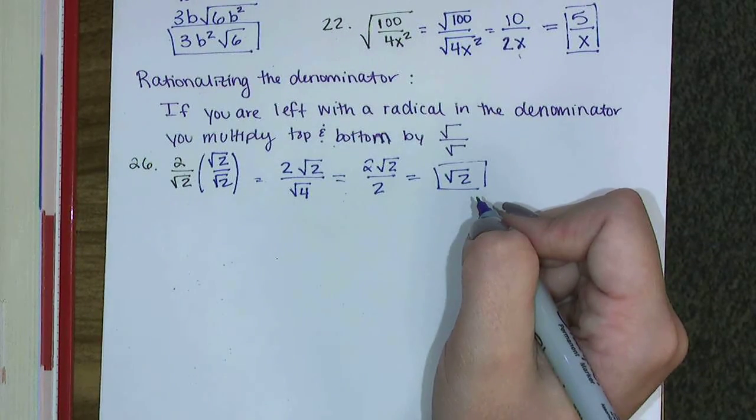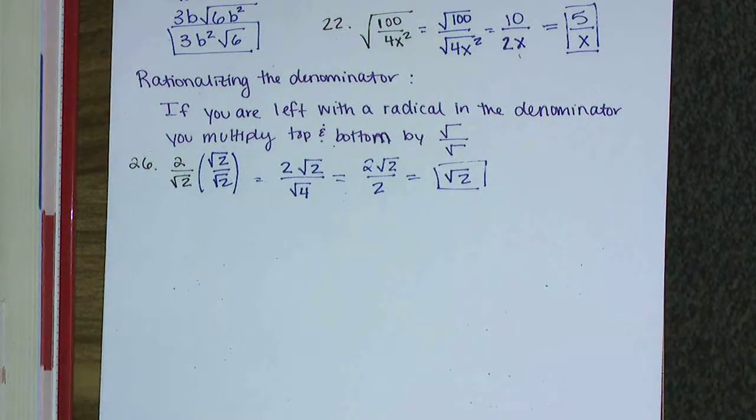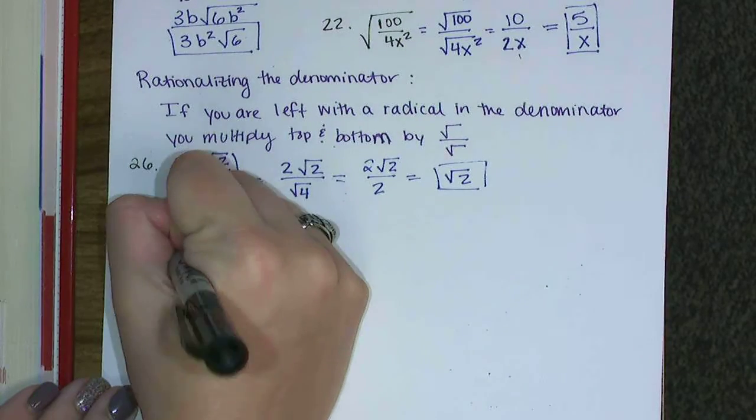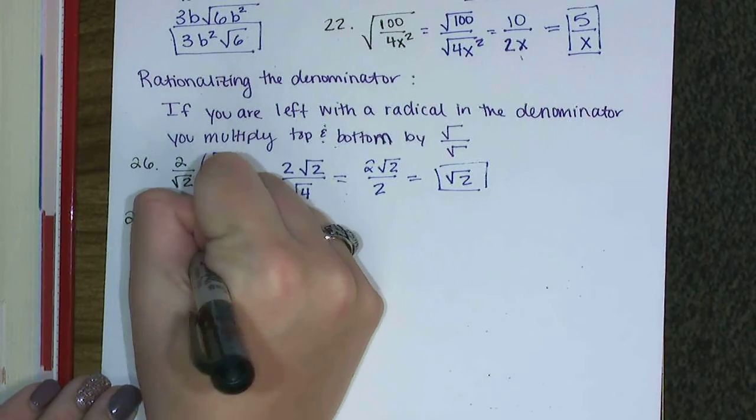Now, let's see what happens with something like 28. So, square root of 5 over 48. Okay? Now, before you just start multiplying here, let's see if we can pull anything out first.